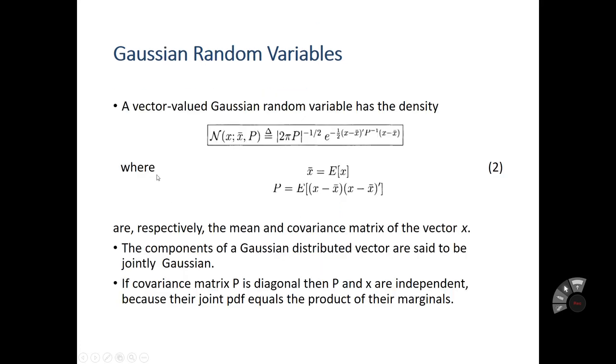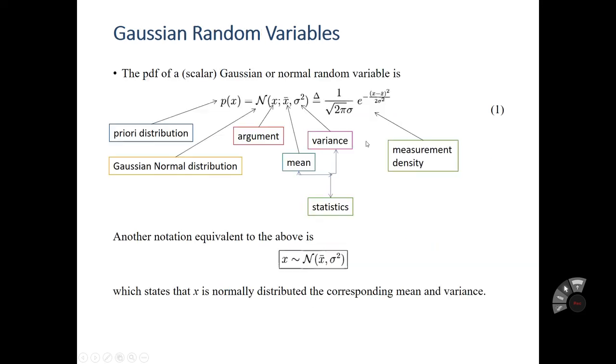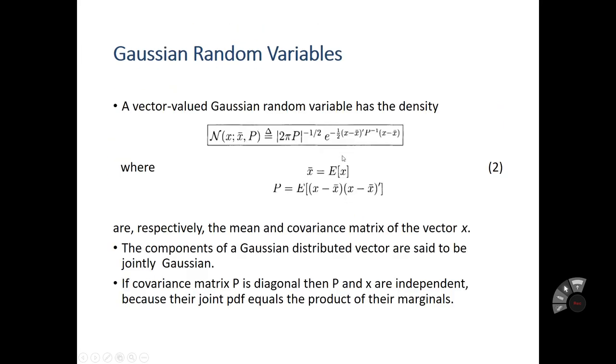Now in the case of a vector valued Gaussian random variable, it has this density. Suppose we have a complete vector. So this has some difference, and this one is just for a single value. Now suppose we are given a vector of random variables.